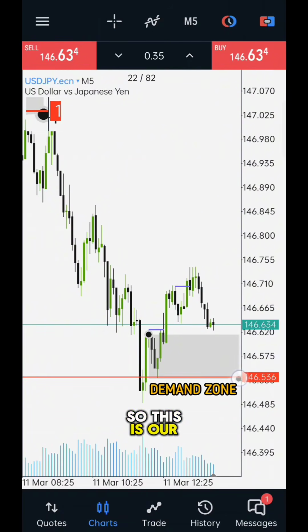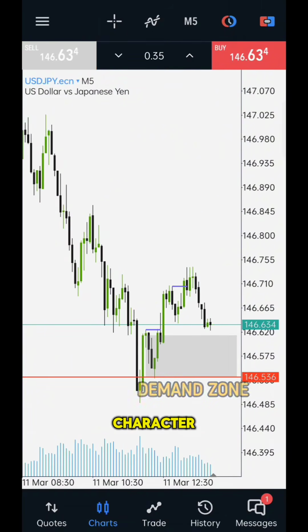So, this is our first demand zone after the change of character, which has not yet been mitigated.